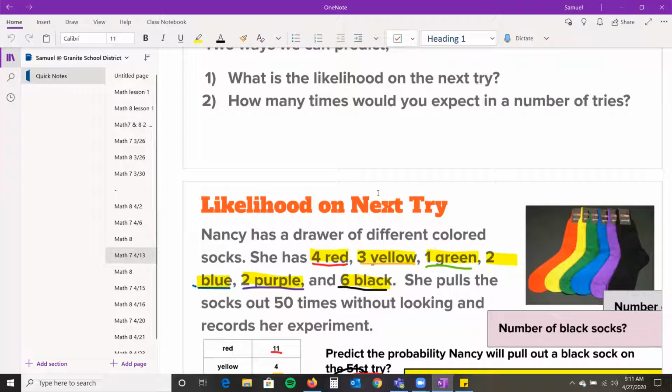Same thing with a coin, right? We know it's either going to be heads or tails, and things of that sort. Okay, so theoretical, you can picture it and you can say, okay, I can figure out the probability of this happening because it's controlled, like a die or a coin.